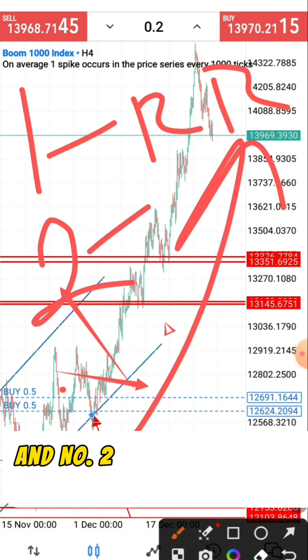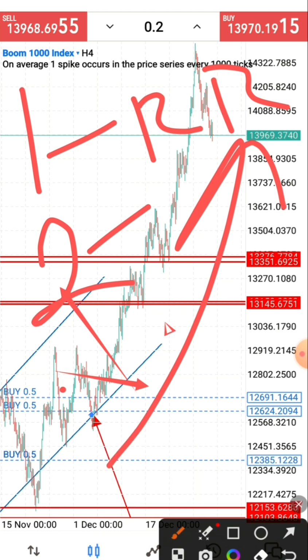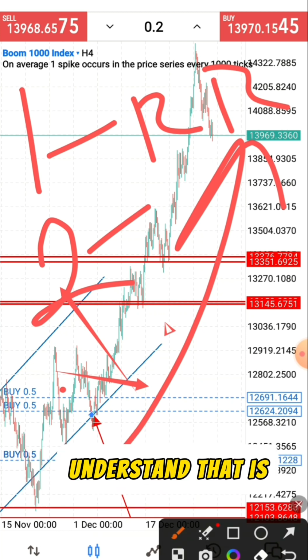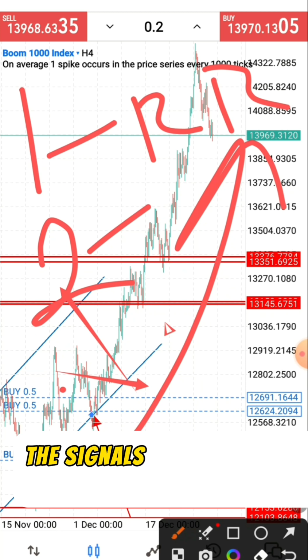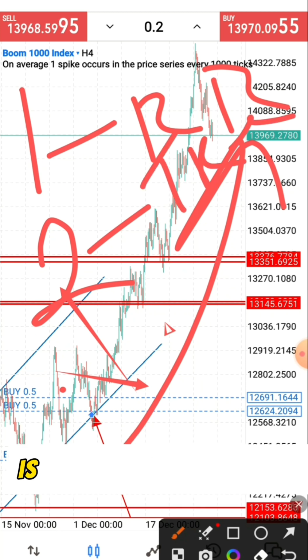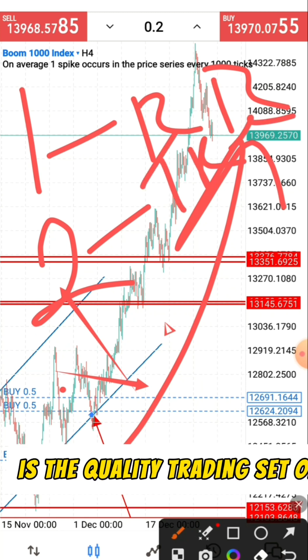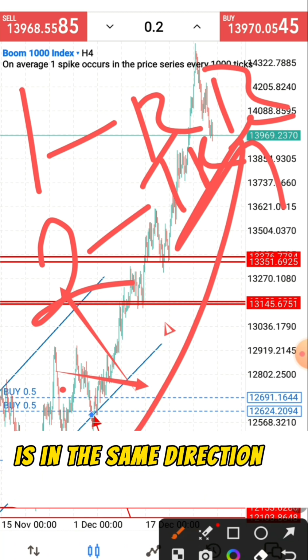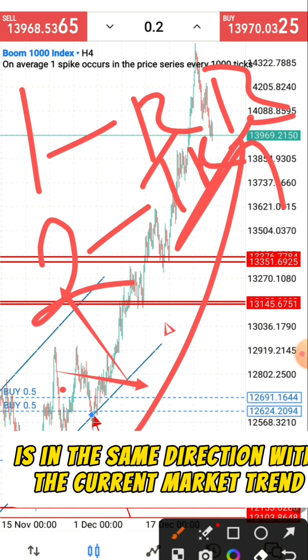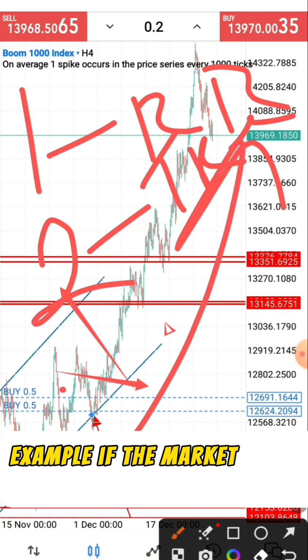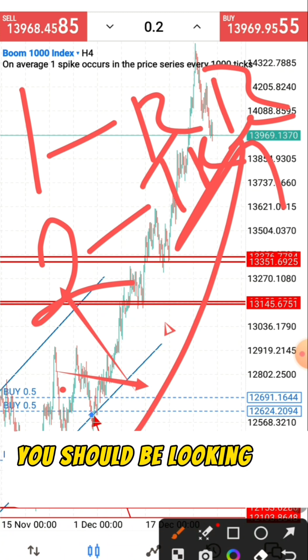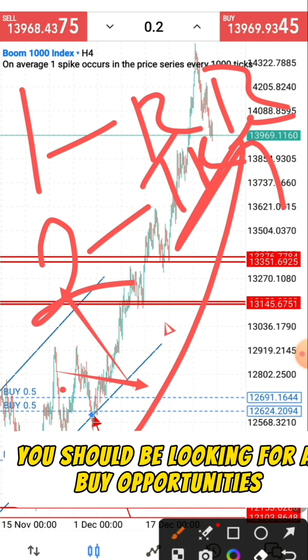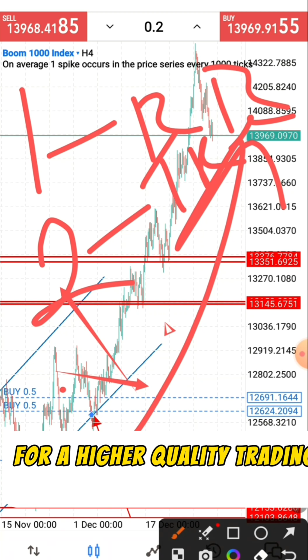And number two, you should be able to understand if the signal is going with the trend, if the quality trading setup is in the same direction as the current market trend. For example, if the market is in an uptrend, you should be looking for buy opportunities for a high quality trading setup.